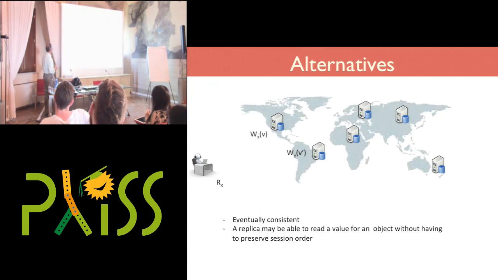Now the question is, suppose I want to read X. I want to read the state of the world, the state of the variable X. What should I do? Well, if I was insistent on causal reasoning, I would say you had better make sure that if you're going to read X, you go to a replica that actually has the write of X that was issued before.